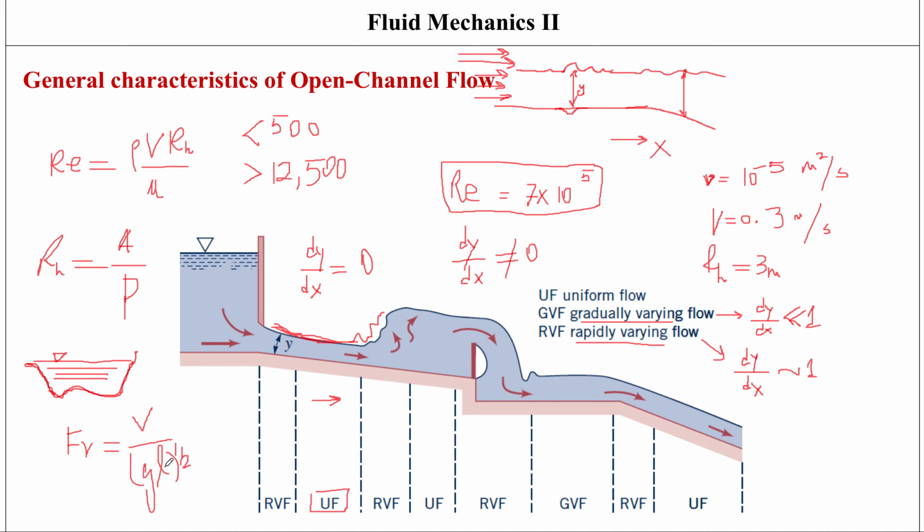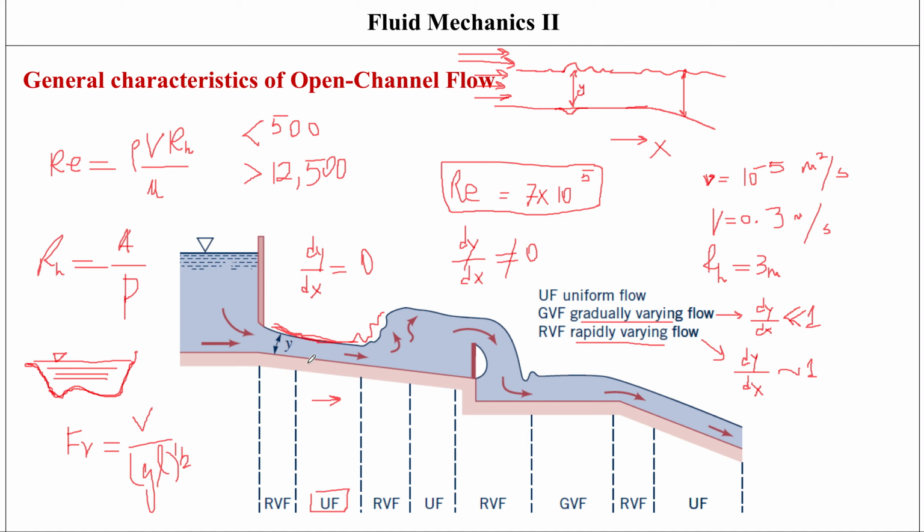And the length here is the characteristic length of the flow. So based on this Froude number, you could take a ratio of the fluid speed to the wave speed.